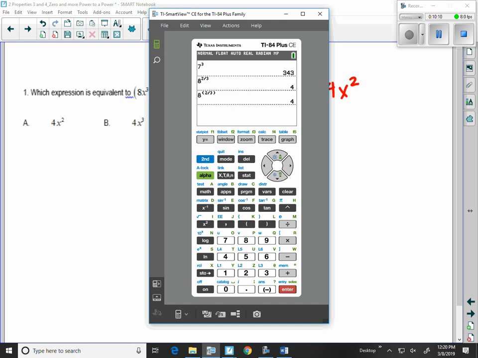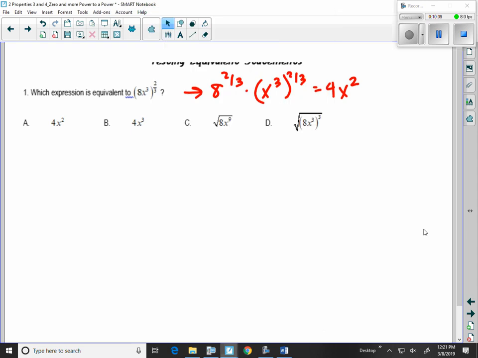Make sure that you're okay on that. Just use parentheses whenever you want to put in a fraction. Okay, we okay? All right, so now we have it simplified, 4x squared.